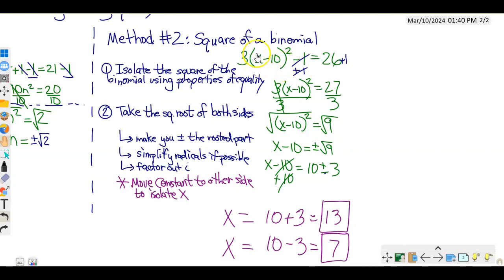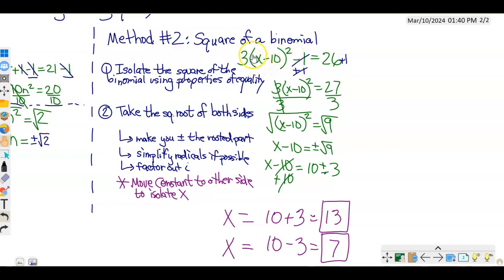And that is if your variable is included in a squared binomial. Okay? So here we have a binomial squared, a square of a binomial. Here's a binomial, it's squared.